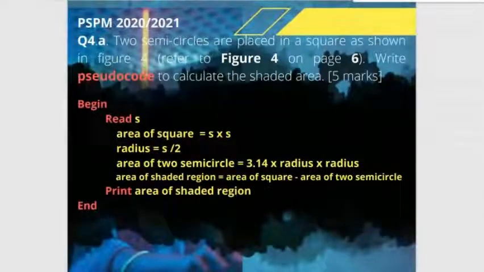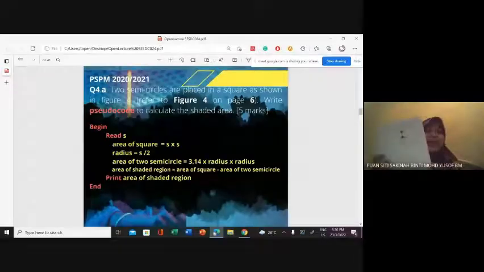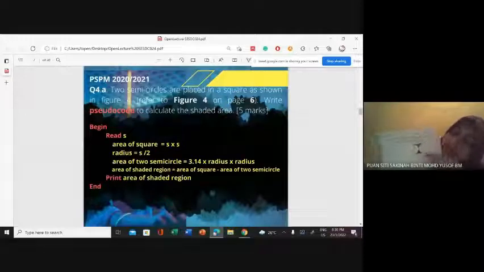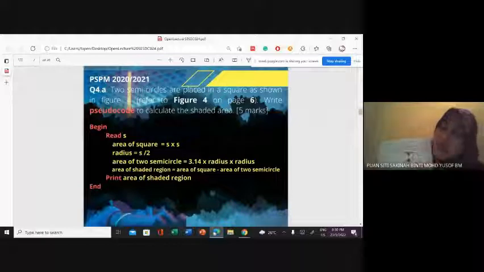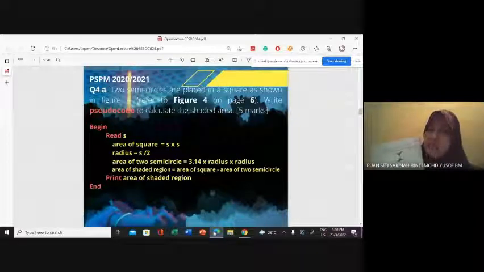Okay, so this is the next question. Question 4. Two semicircles are placed in a square as shown in figure 4. Okay, I hope that you can see this is figure 4. You can see that there are semicircles in a square box. Okay, so you need to know the formula involved.